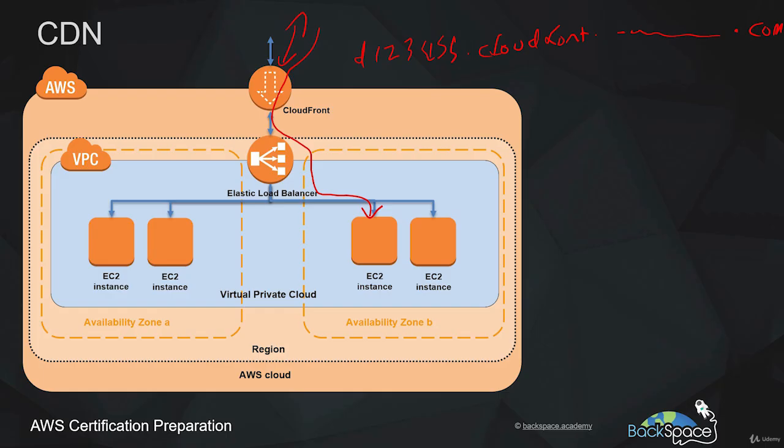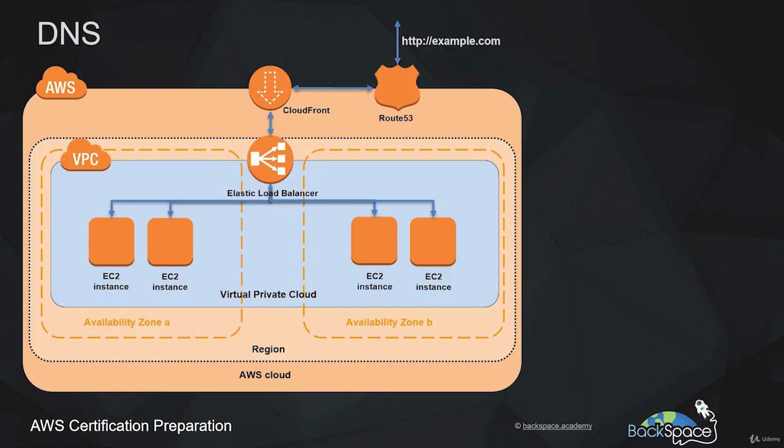As you can see here, we've got example.com, and that is where Route 53 domain name service can come in. So Route 53 will grab those requests for your domain, example.com, and it will forward those requests over to the CloudFront service, and the CloudFront service will handle it from then on.